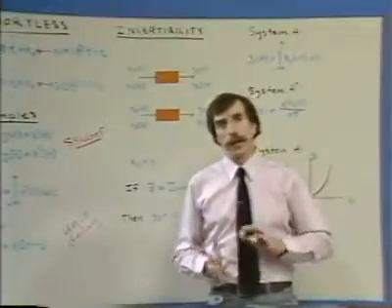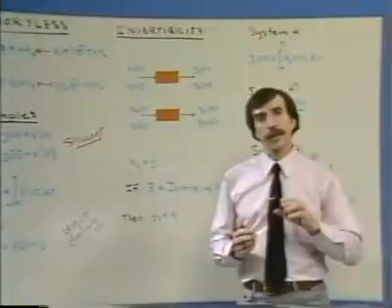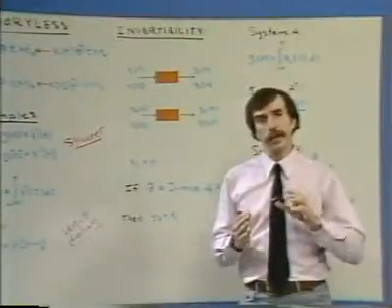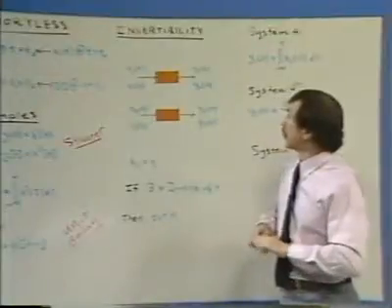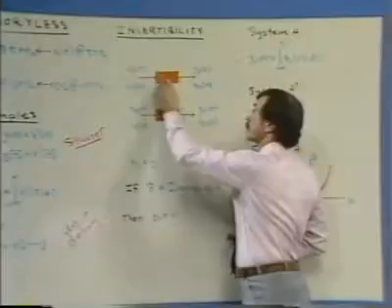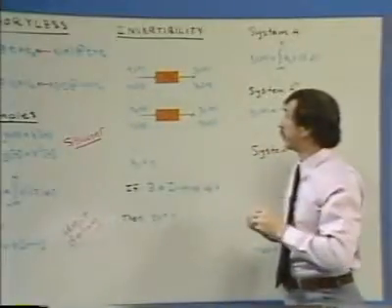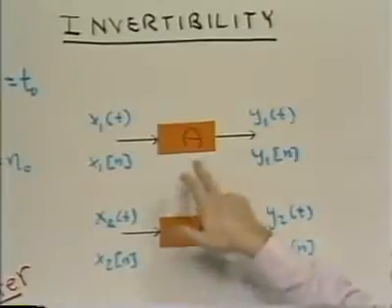Another way of looking at it is, in fact, to look at it in the context of a cascade of systems. So let's consider a system, and here is a system which I refer to as system A, and this could be continuous time or discrete time.